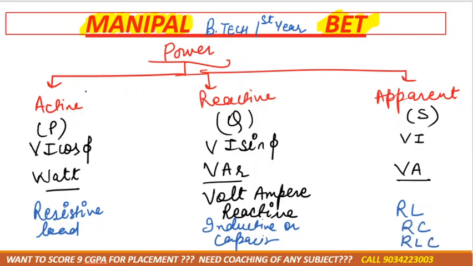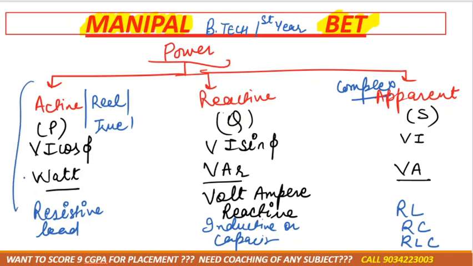Okay, active power is also known as real power or true power. There is no other name for reactive. Apparent power is also known as complex power. Okay, so all these powers you need to learn, because one of the questions they will definitely ask you related to power. Note it down.